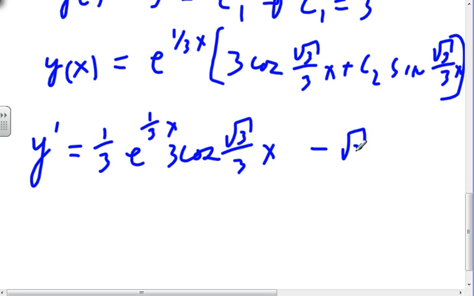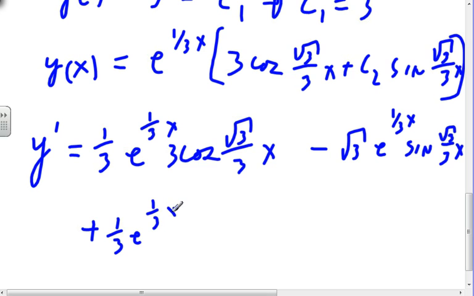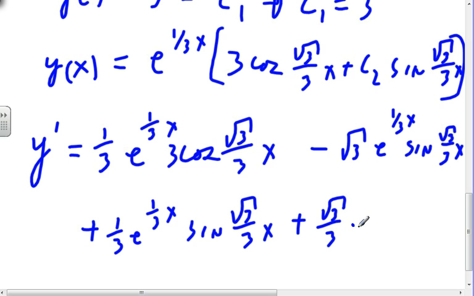The square root of 3 e to the 1/3 x sine square root of 3 over 3x plus 1/3 e to the 1/3 x sine square root of 3 over 3x plus square root of 3 over 3 e to the 1/3 x cosine square root of 3 over 3x.